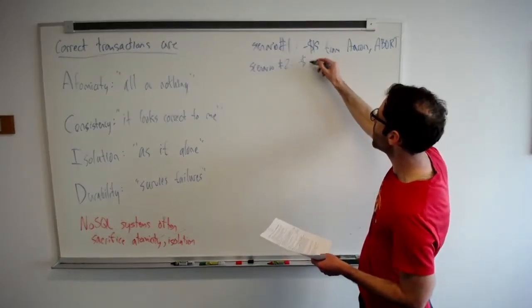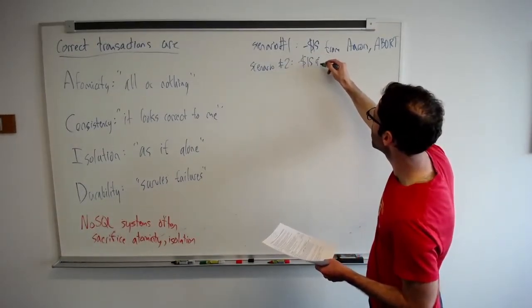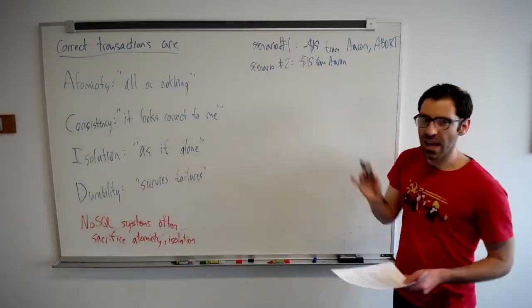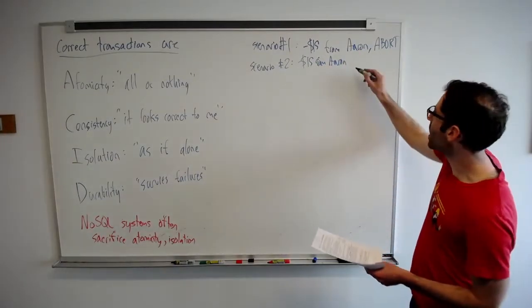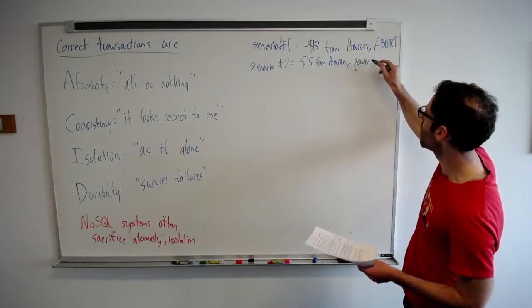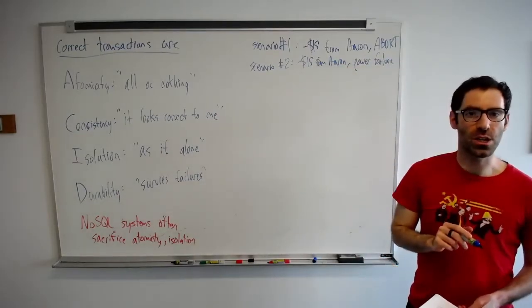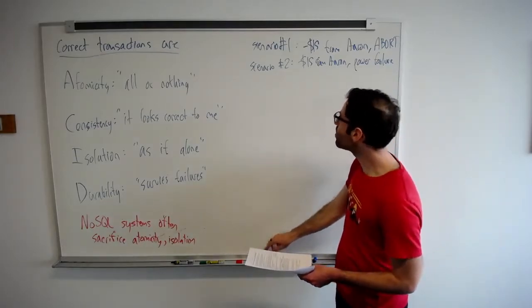Scenario two would be we again have deducted $15 from my account, but then we have that power failure potential that I brought up earlier.